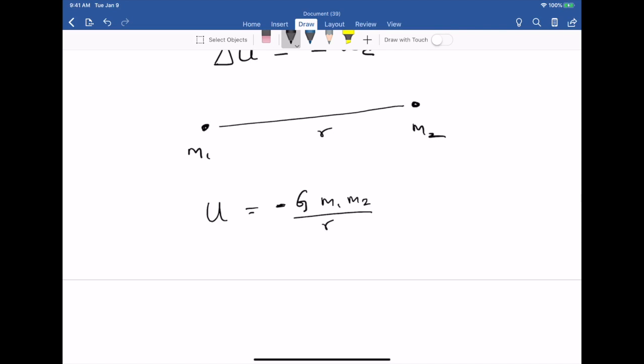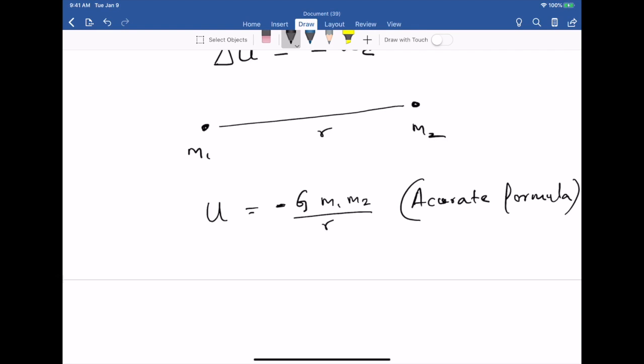Okay, where is the gravitational potential energy zero according to this formula? We'll call this the accurate formula for gravitational potential energy, whereas mgh is just an approximate formula.